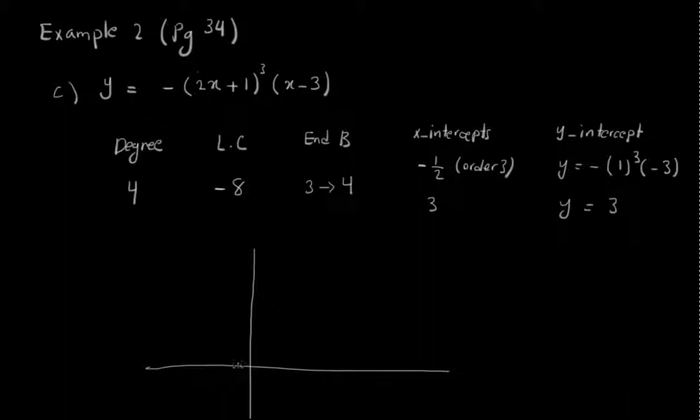So we have an intercept at negative 1 over 2, which is here. And the next one is at 3, so these are our two x-intercepts. I'm gonna start in 3 and finish up in 4. And the y-intercept is at 3: 1, 2, 3, so here.